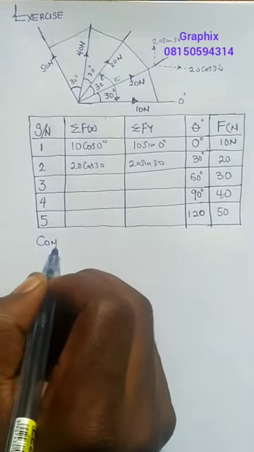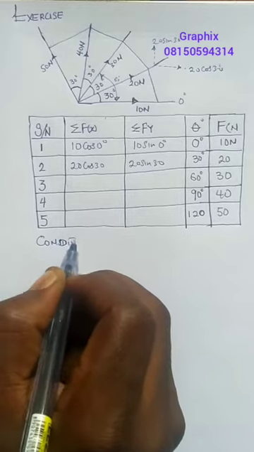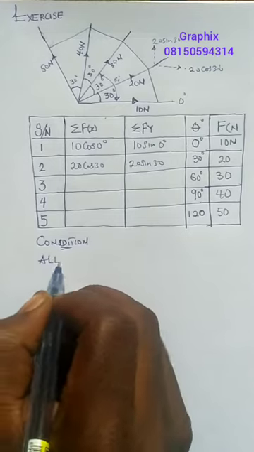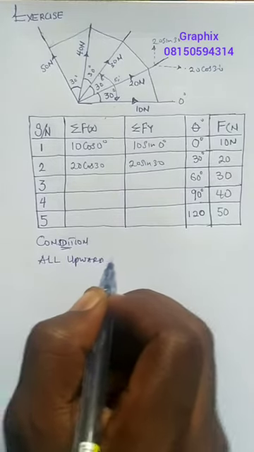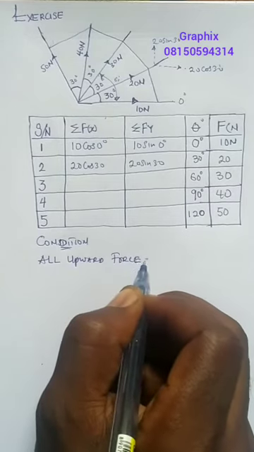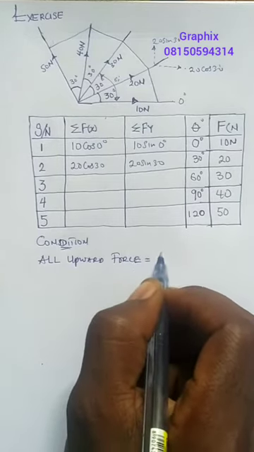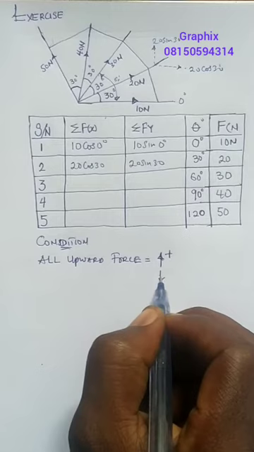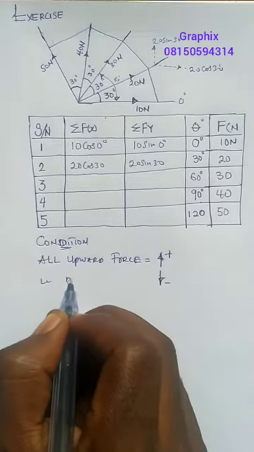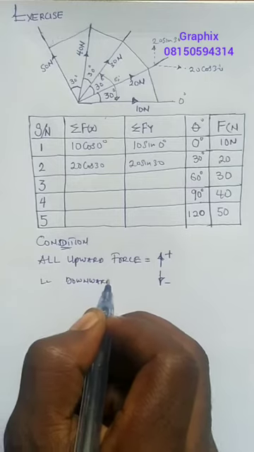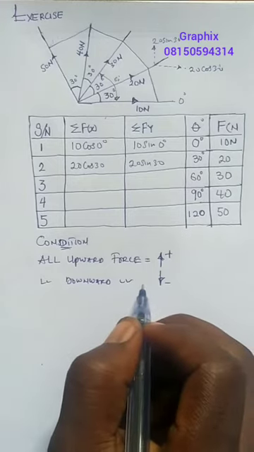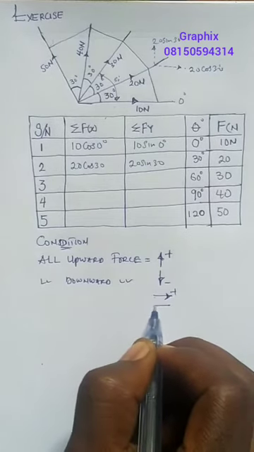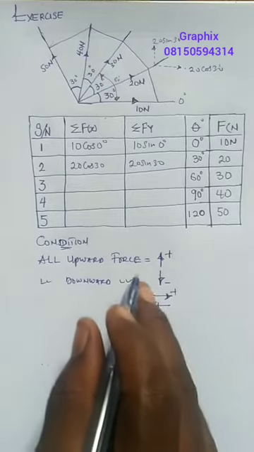So the condition here that I'm stating is that all upward force is positive, then all downward force is negative. Now, all force to the right is positive, and all force to the left is negative. You need to understand this concept here.